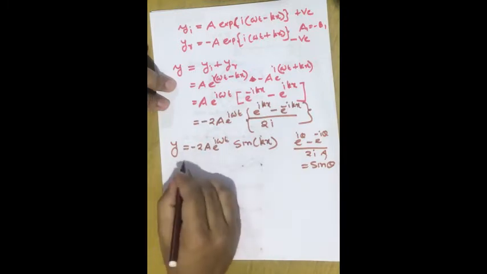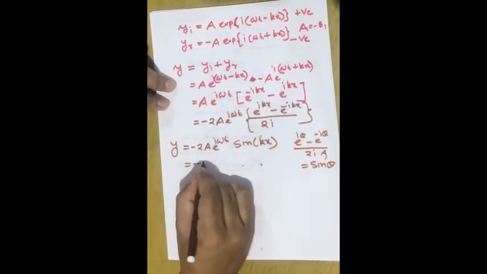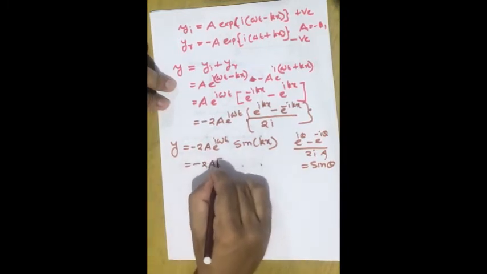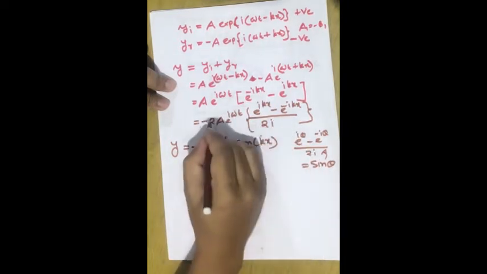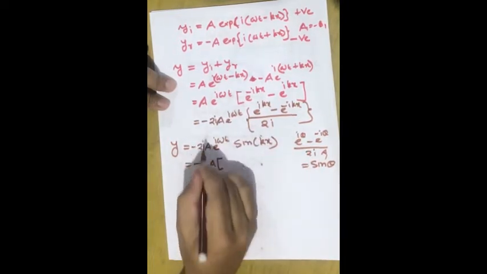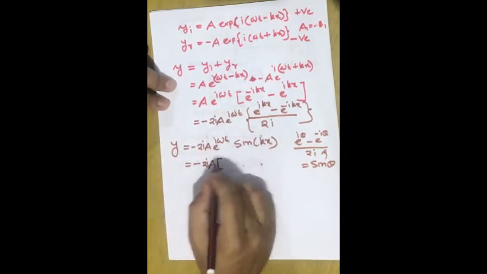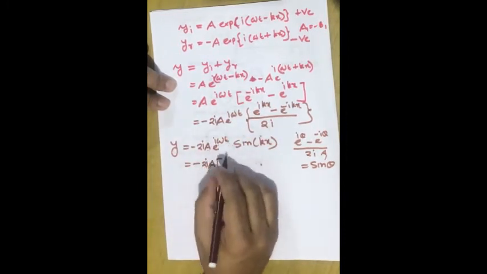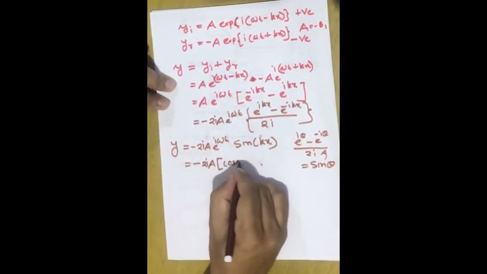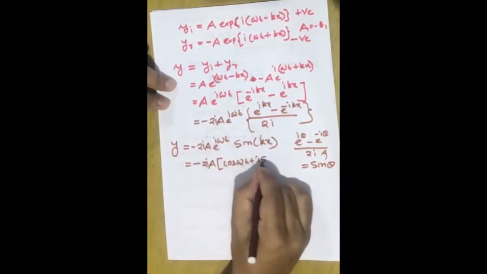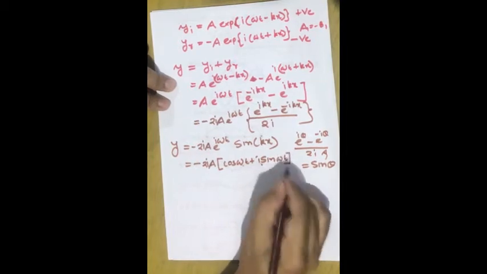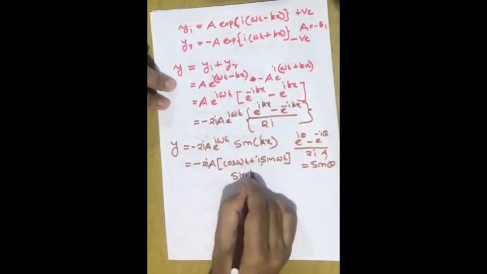Now we have to take the real part of it. There is a 2i here, sorry, 2 into i, because the 2i will get cancelled out. So 2i into a, and e^{iωt} is equal to cos ωt plus i sin ωt, into sine kx.